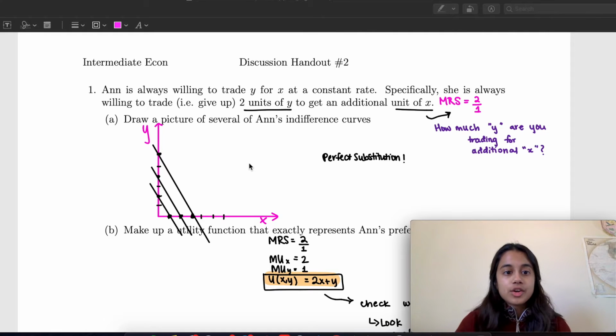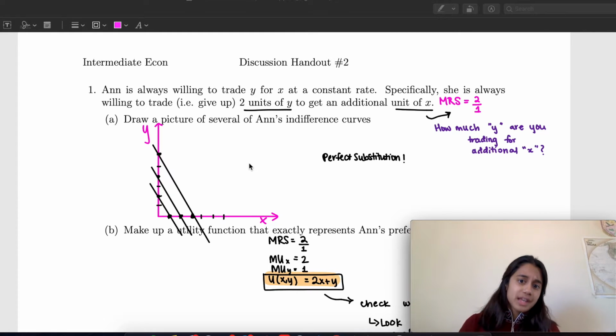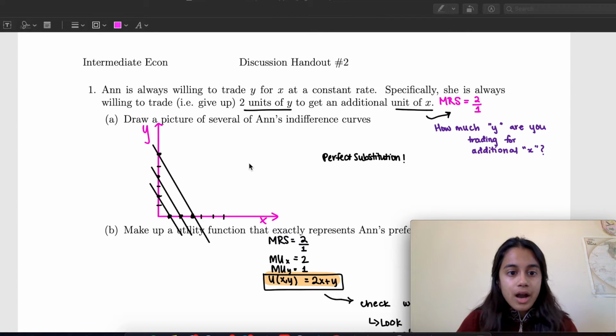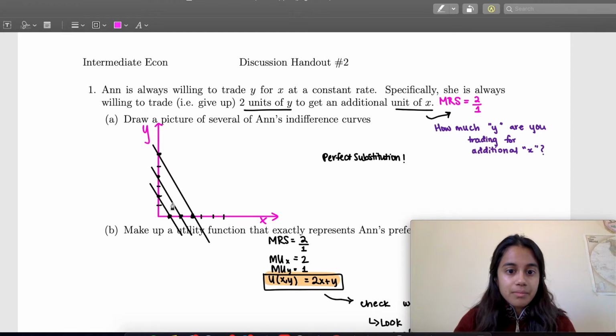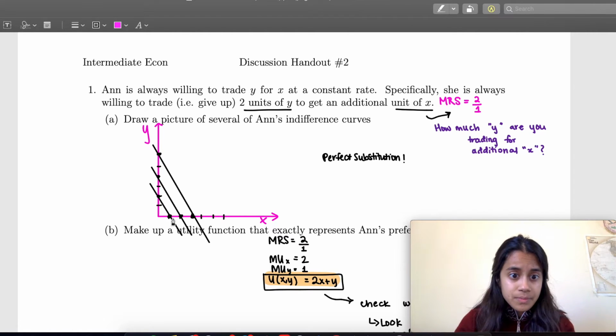Part A asks, draw a picture of several of Anne's different indifference curves. When you're thinking indifference curves, that's MRS, marginal rate of substitution, that's willingness to give up y to get an additional unit of x. So for my x and y graph, I have my slope of 2.